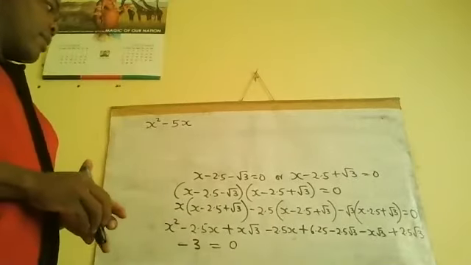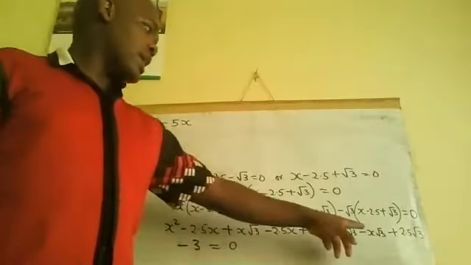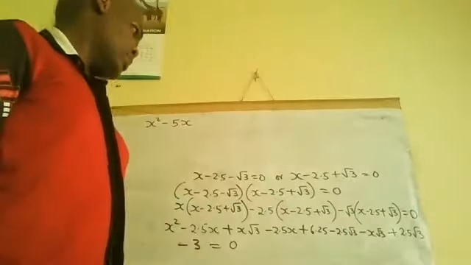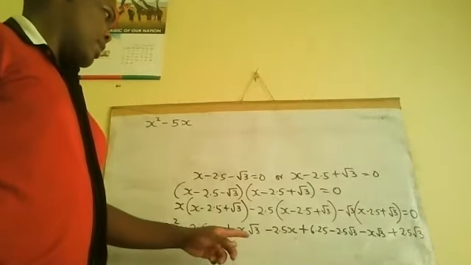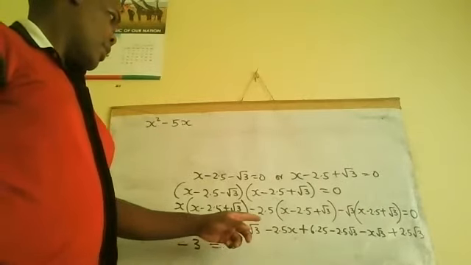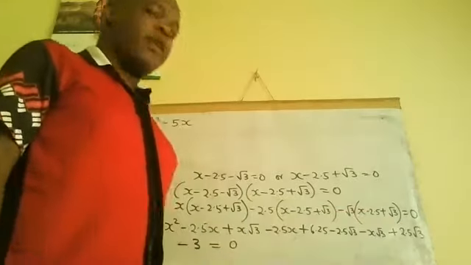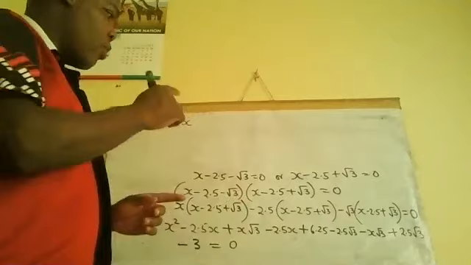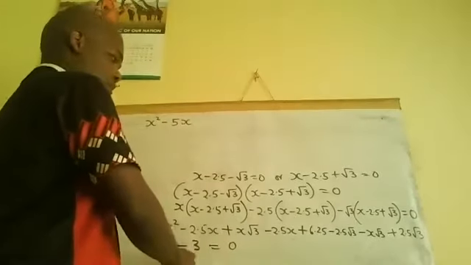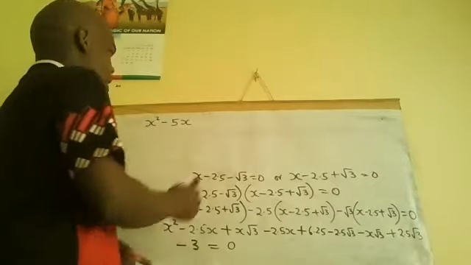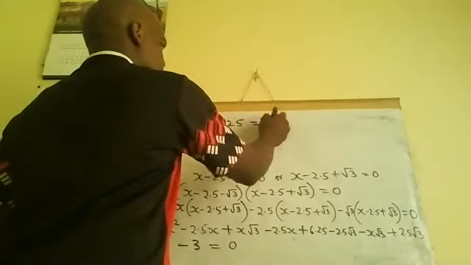And then, if I look at x root 3 minus x root 3, it goes. Then, if I look at minus 2.5 root 3 and 2.5 root 3, it goes. And therefore, what I'm remaining with is 6.25 minus 3, which is 3.25, plus 3.25 is equals to 0.